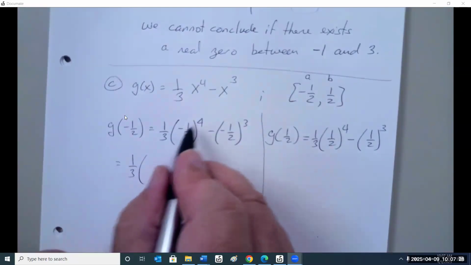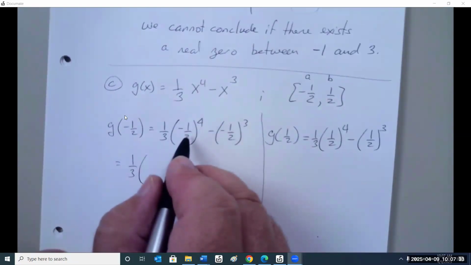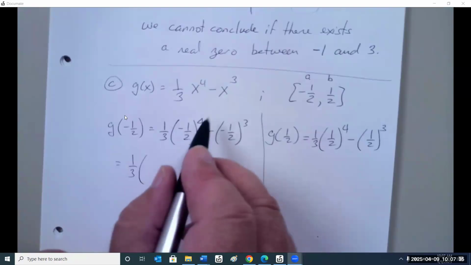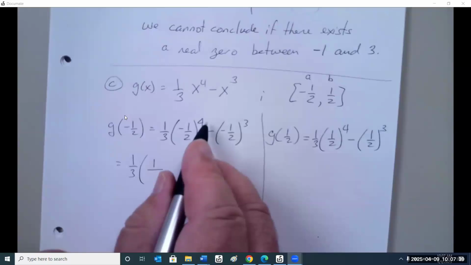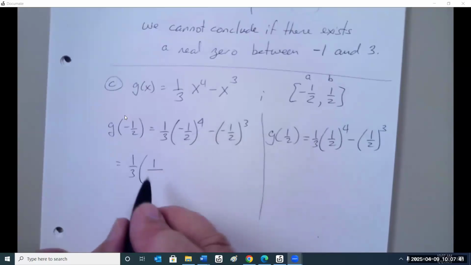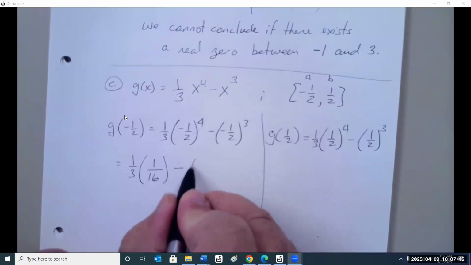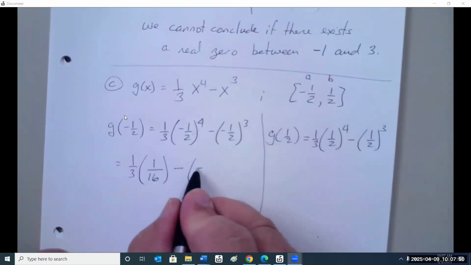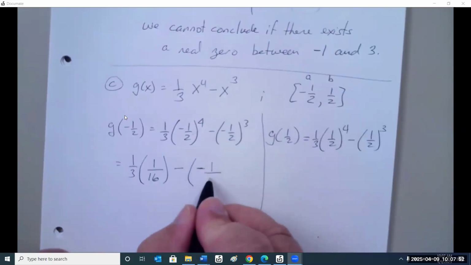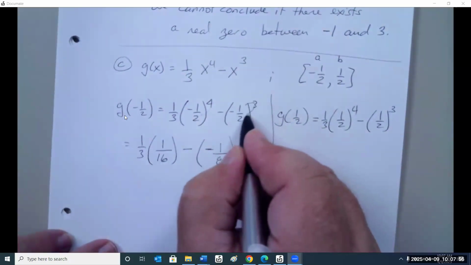A negative number raised to the fourth, an even power, is going to give a positive answer. So 1 to the 4th power is 1, 2 to the 4th power is 16. Since it's an odd exponent, the answer is going to be negative. We distribute that to both of those.